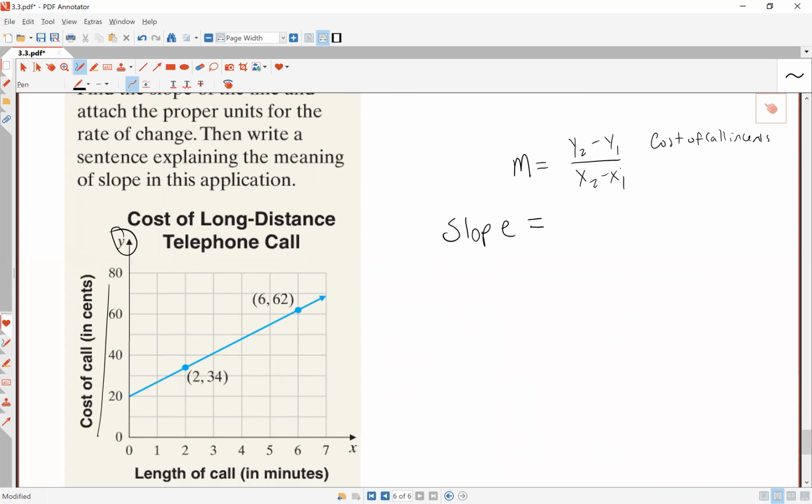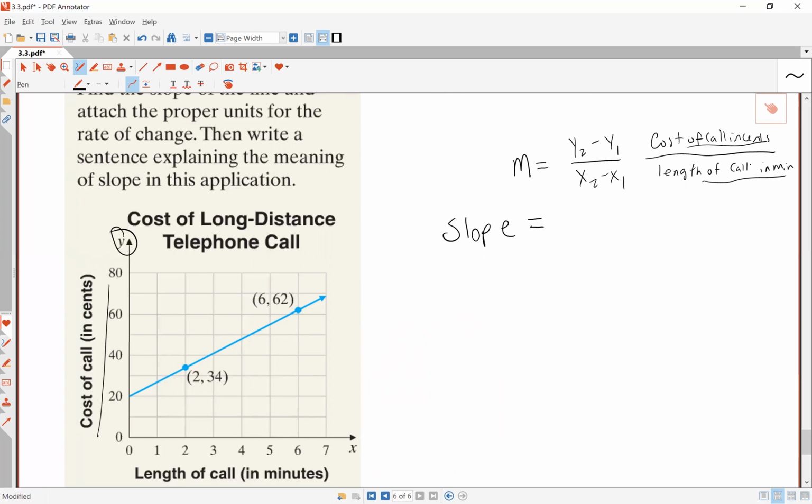Along the x-axis is the length of the call in minutes. So we have the units attached to slope. It's the cost of the call in cents per the length of the call in minutes.